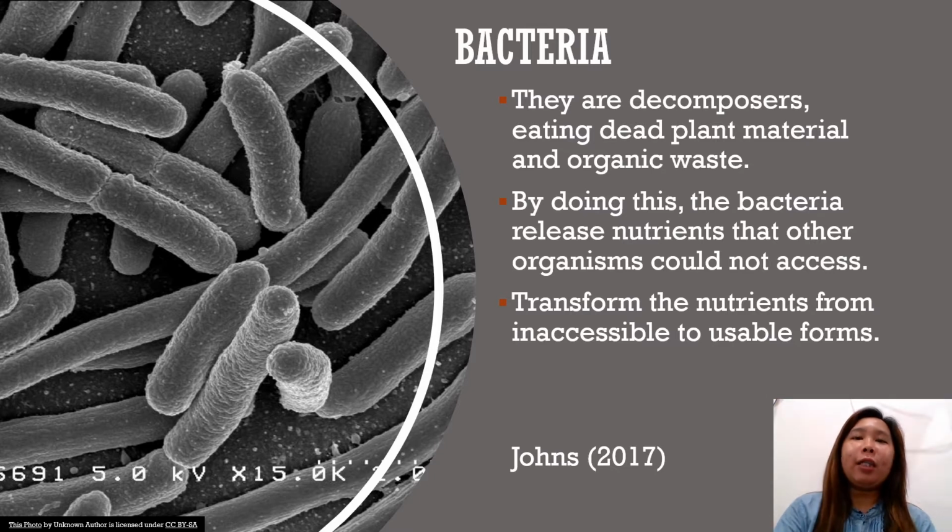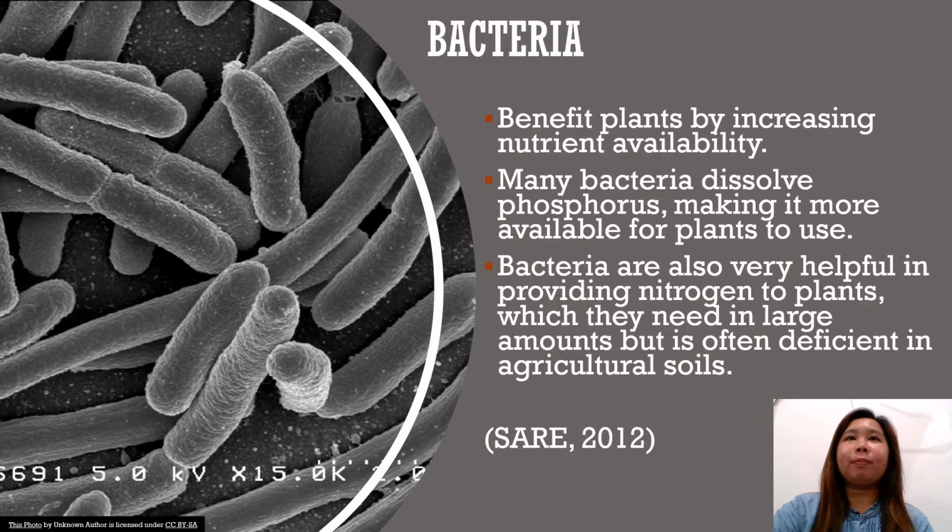And also, they can transform nutrients from inaccessible to usable forms. In other words, they can mineralize unavailable soil nutrients for plant growth. So, they can benefit the plant by increasing the nutrient availability from the soil.